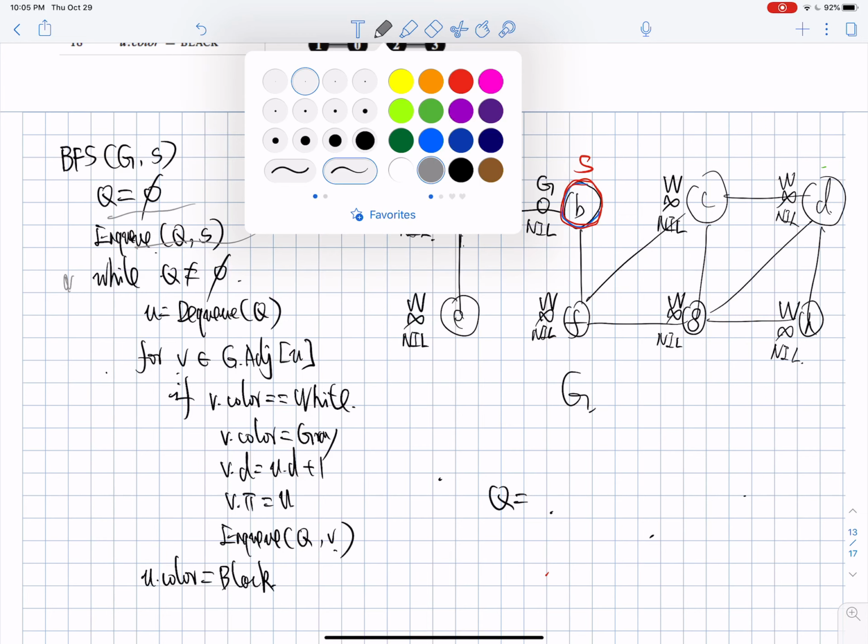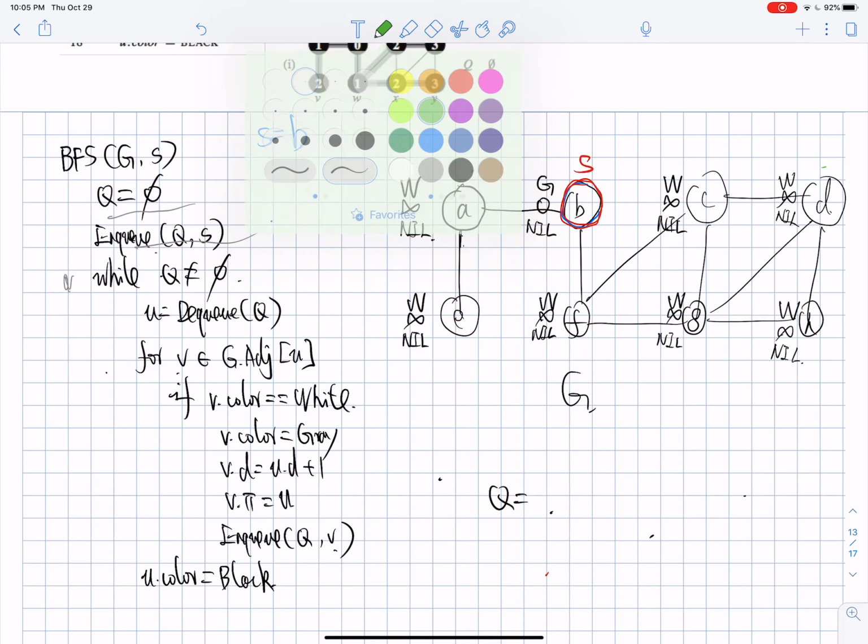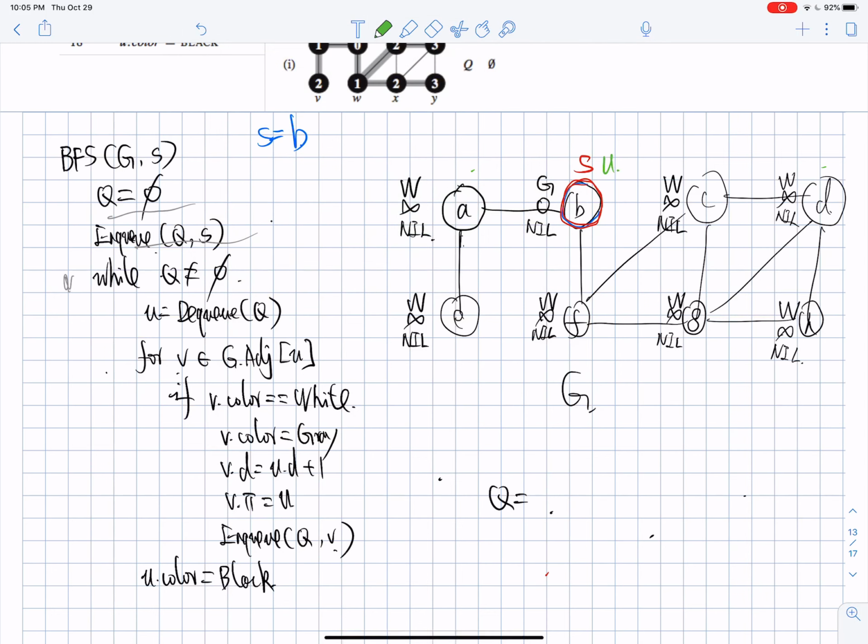So we have u as B. I'm going to put u right over here, because this node is just u.